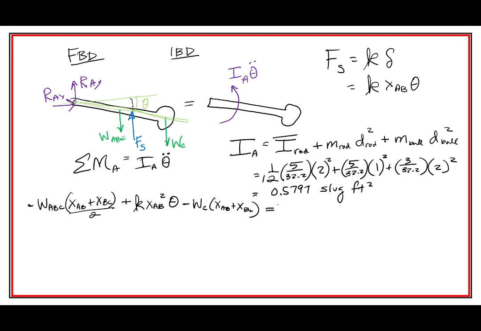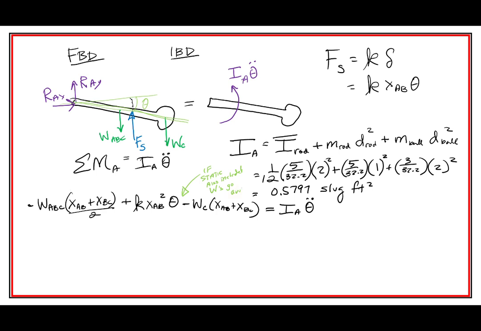It's going to be equal to, and I decided to make it counterclockwise, so it's positive, I_A times theta double dot. So I'm hypothesizing that if static was also included, the W's go away.